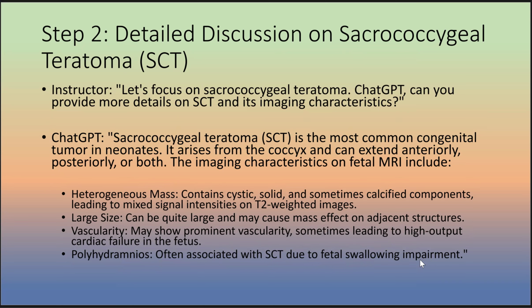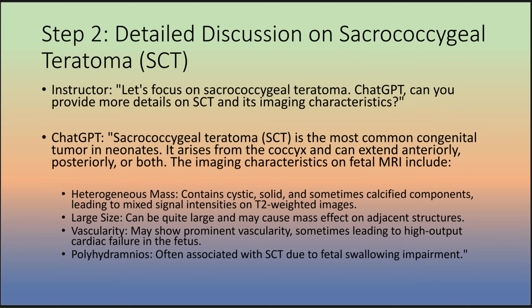What are the types? Sacrococcygeal teratoma can be categorized based on where they are and what they are like. Type 1, the tumor is mainly outside the body and attached to the tailbone. Type 2, the tumor is partially outside the body and partially inside the body, within the baby's pelvis and abdomen.